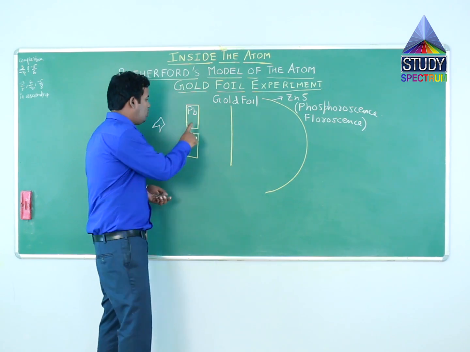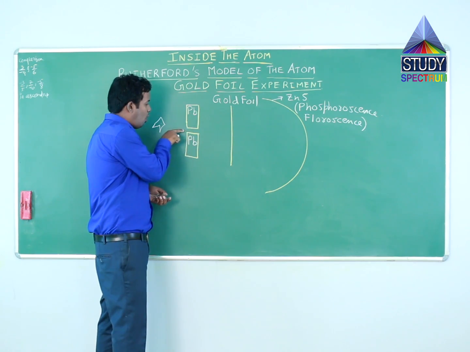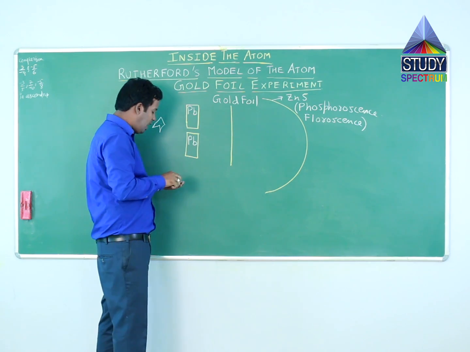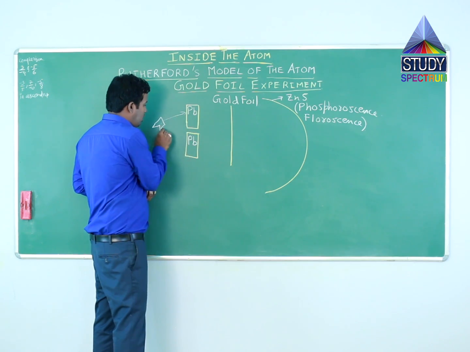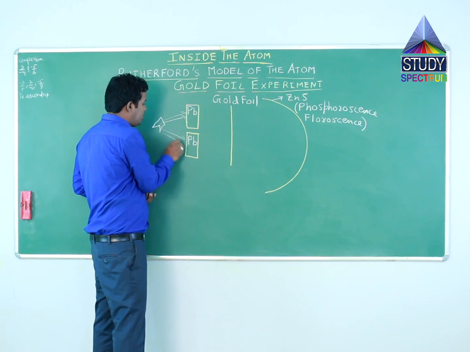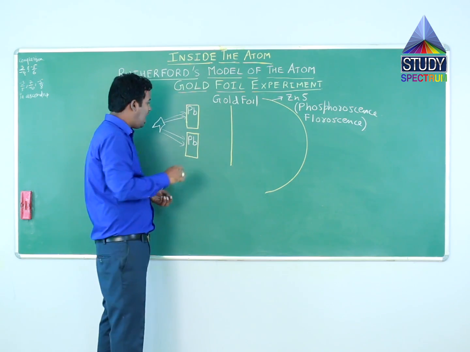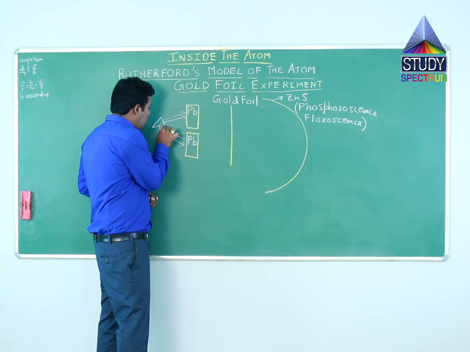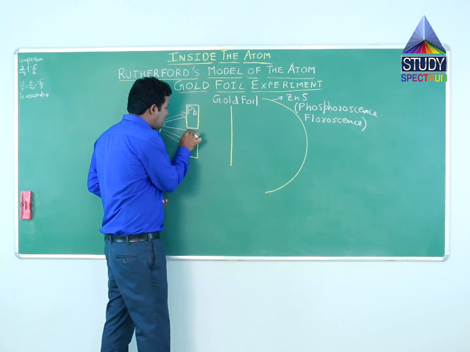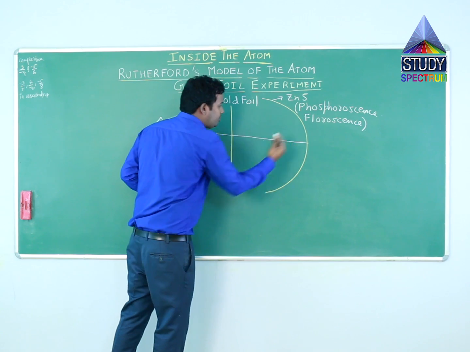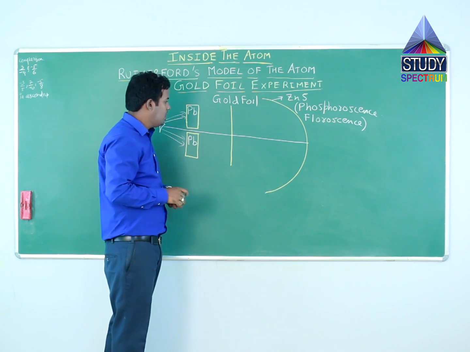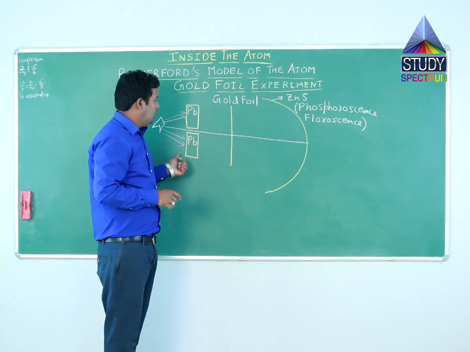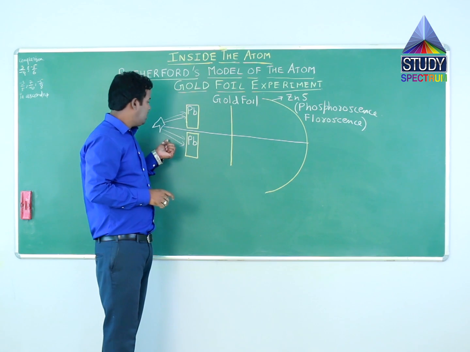That is why he used lead bricks with a very small opening between them, so that the random movement of alpha particles will be absorbed by the lead bricks, and it will only allow alpha particles to pass in a straight line. Correct?